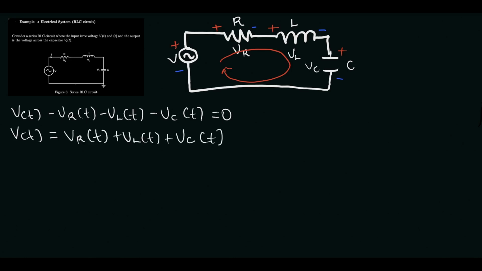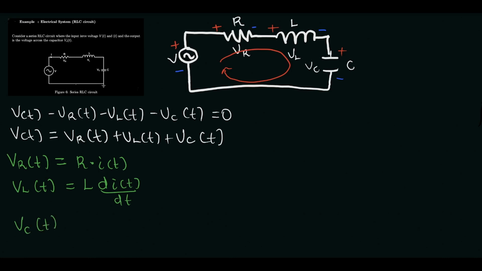Now getting the voltage of each of these components, we have your vR, the voltage across your resistor, will be equal to, from Ohm's law, your resistor value multiplied by the current flowing through it, while the voltage across your inductor will be equal to the value of your inductor multiplied by the differential of the current flowing through it, and the voltage of the capacitor will be equal to 1 over the value of your capacitor multiplied by the integral of the current flowing through it.